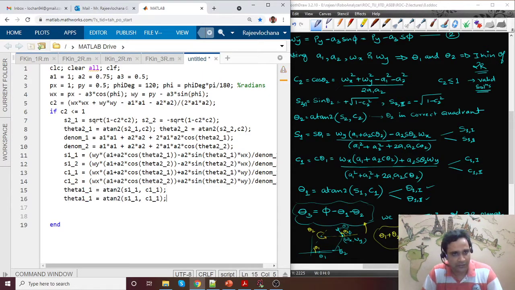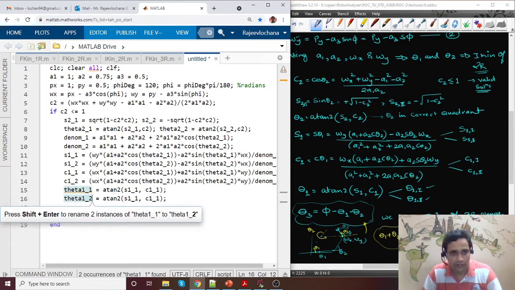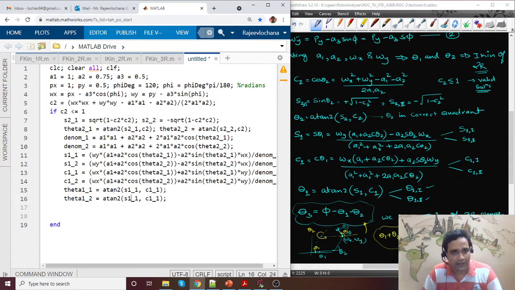Similarly we'll have theta 1, the second solution, with S1 underscore 2 and C1 underscore 2. So this is the first solution and this is the second solution. Okay, so we have reached this stage.